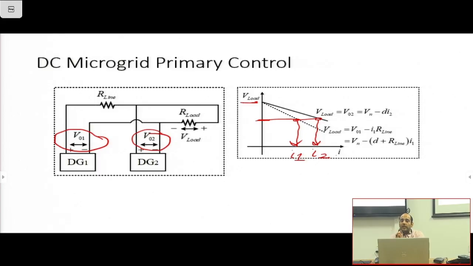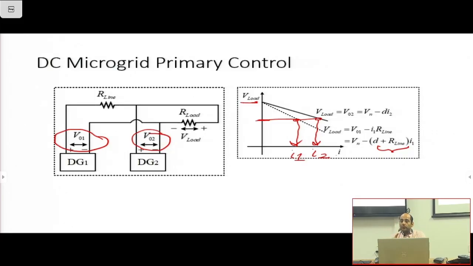So how can you make the error less? If you increase D, because here D and R line are added. If you increase D very high, so that the effect of R line is negligible, then you can assume both to be directly connected across the load. That means both will share equally.